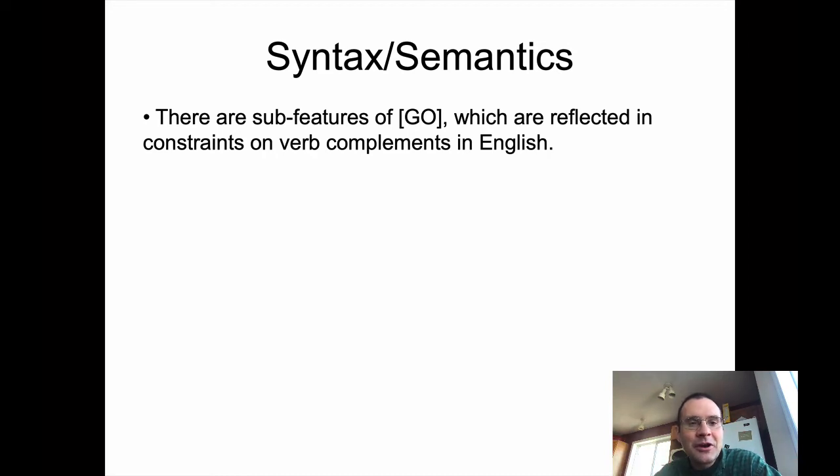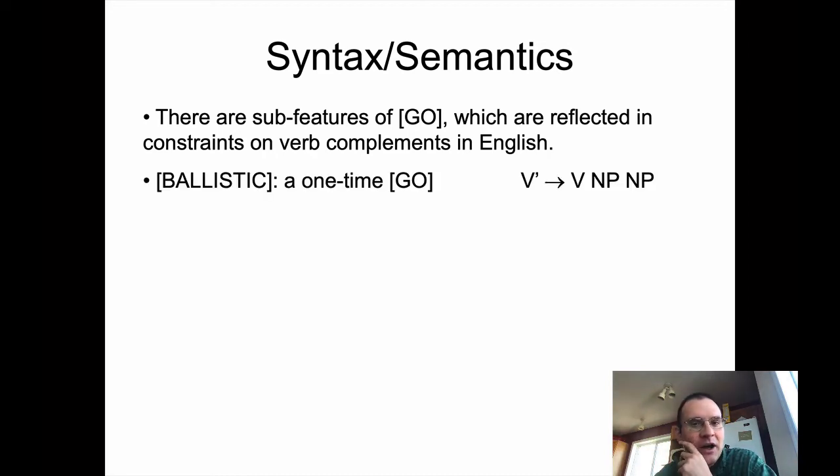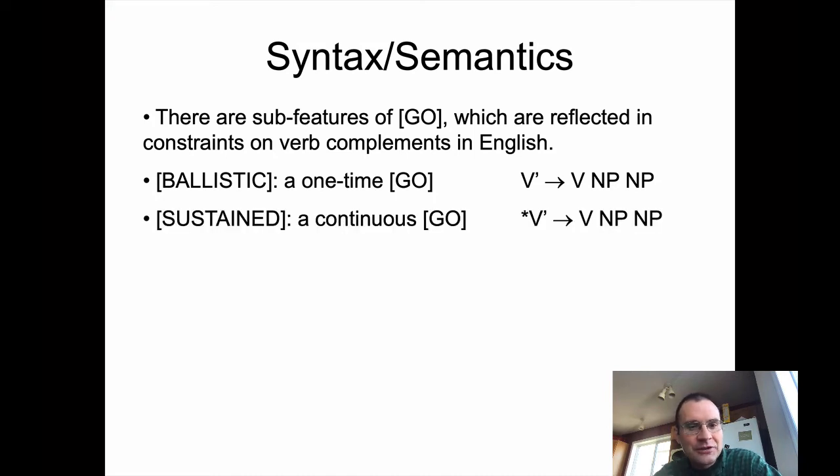For the feature go, there are subfeatures as well, and we see this in constraints on different verb complements in English. There's a ballistic feature, which is like a one-time go, and there's also a sustained go, which expresses itself differently syntactically. If you have a ballistic go, you can just make one motion. Sustained go is something you can keep doing over time.